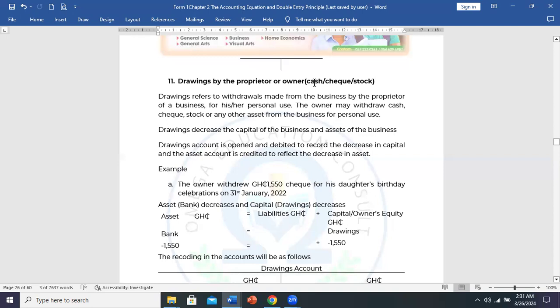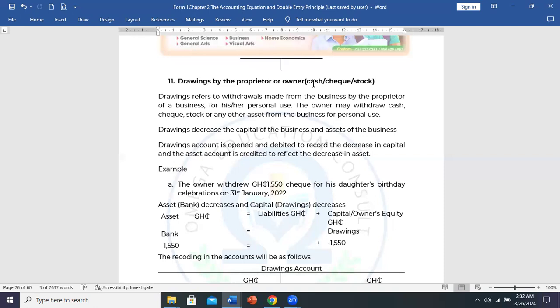Now the corresponding credit entry will go to that particular asset the owner withdrew. So if it is cash, then we are going to credit cash because cash will decrease. If it is cheque, we'll credit bank. If it is stock, pay attention. If it is stock, we are going to credit purchases because we don't have a stock account, right? Why are we crediting purchases?